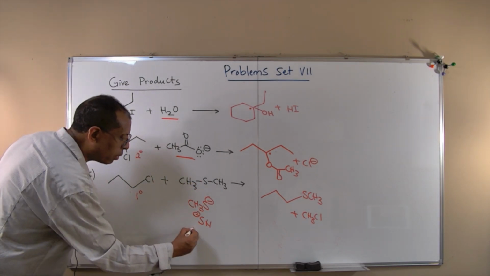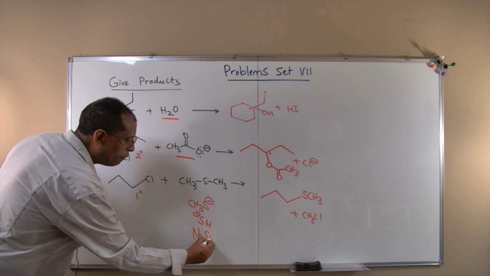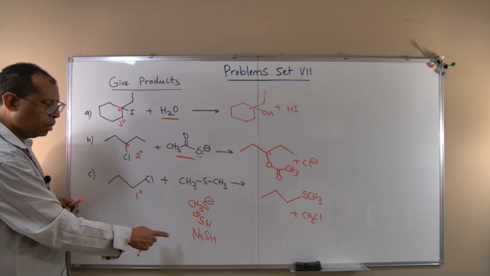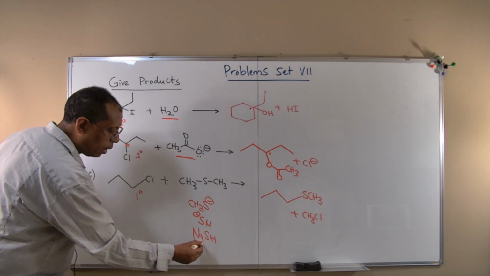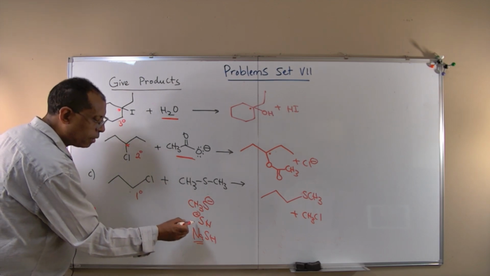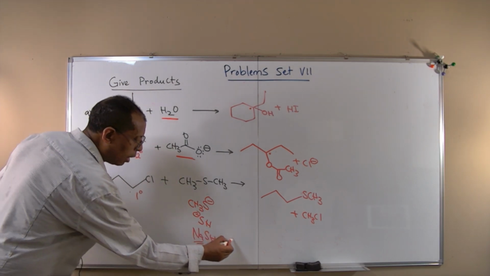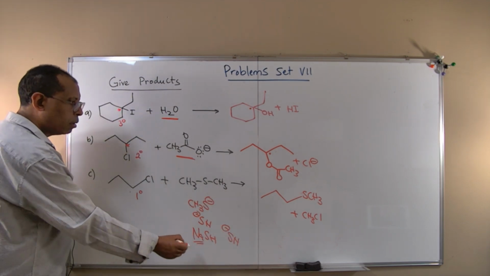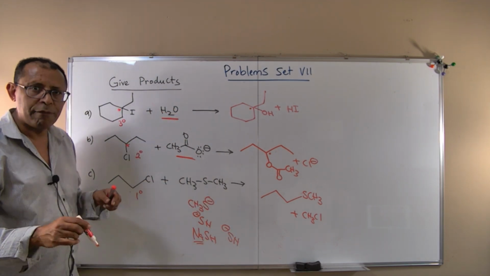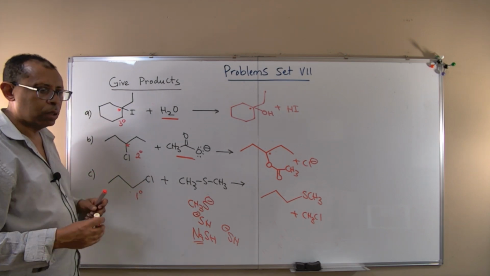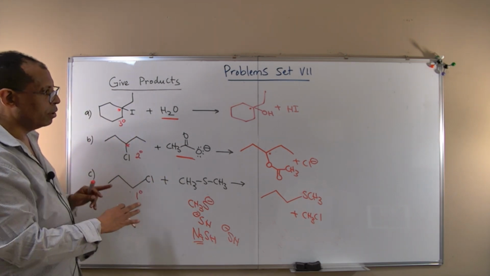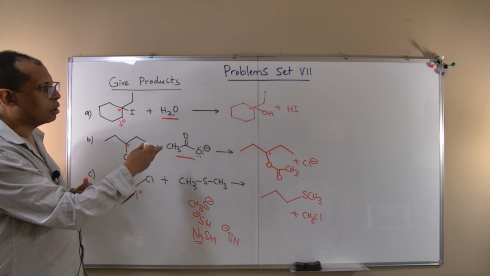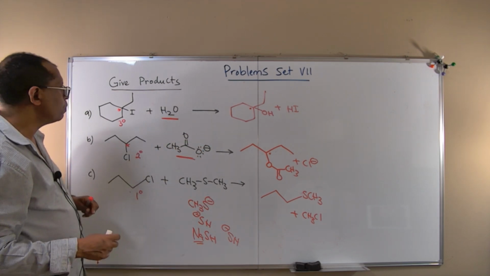If somebody gives you a reaction like this, the sodium is a spectator ion, which effectively produces SH minus. So as a nucleophile, this is a nucleophile. So the positive charges are not involved in the substitution reaction. So these are very simple questions, but the substitution products are like this.